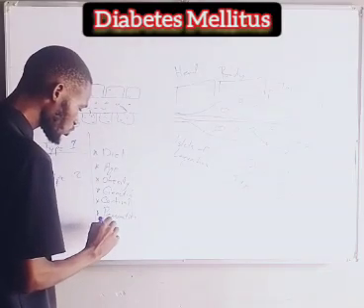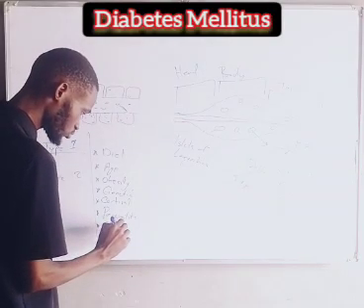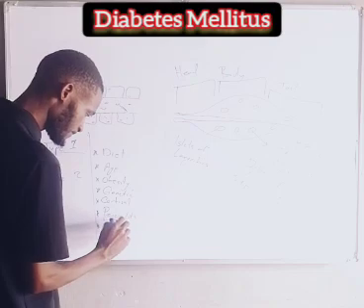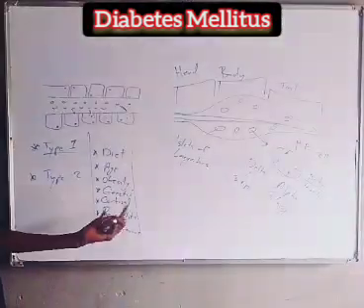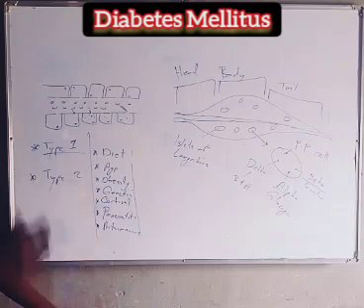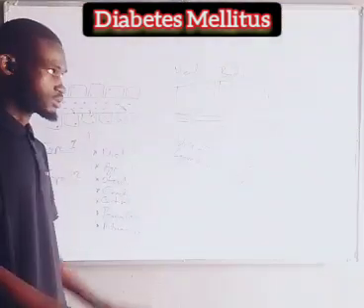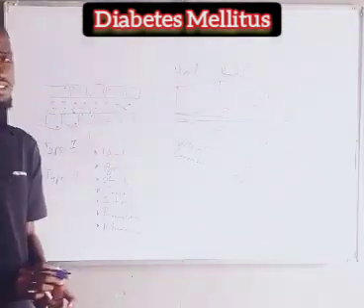We can also talk about autoimmune. These are some of the predisposing factors, things that may lead to a person developing diabetes mellitus.